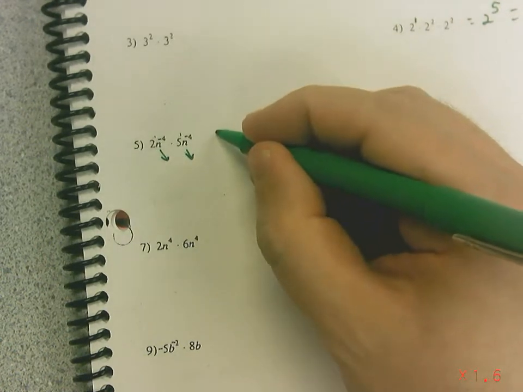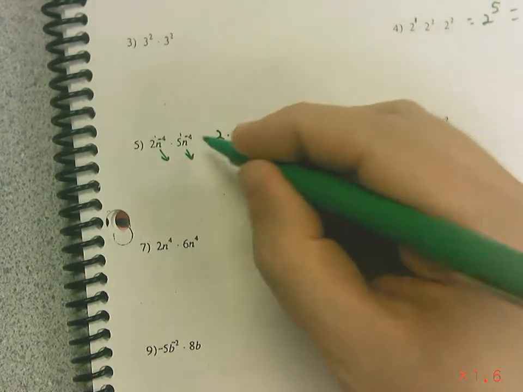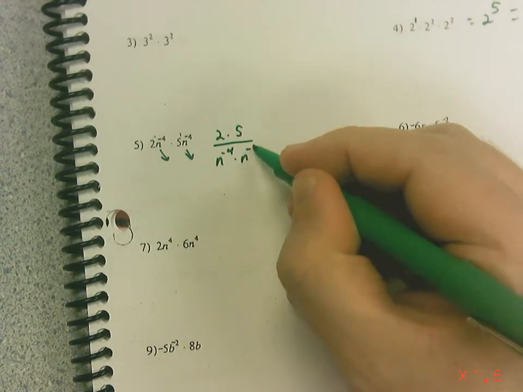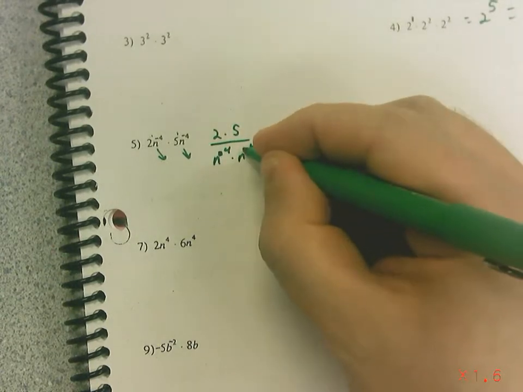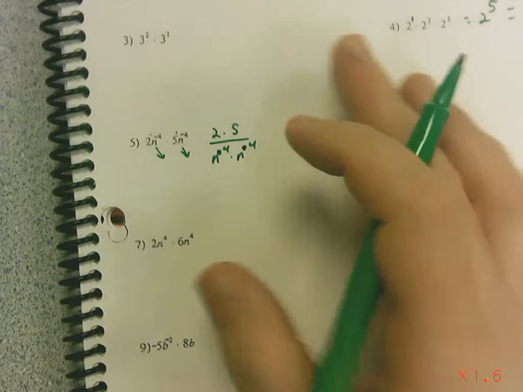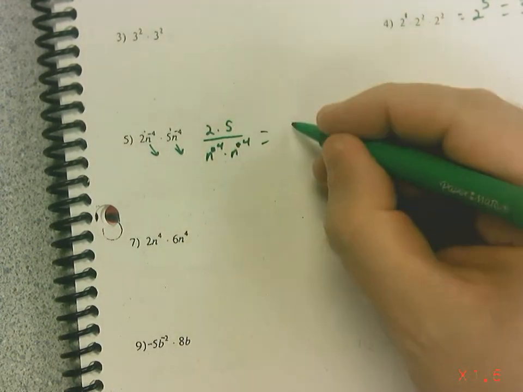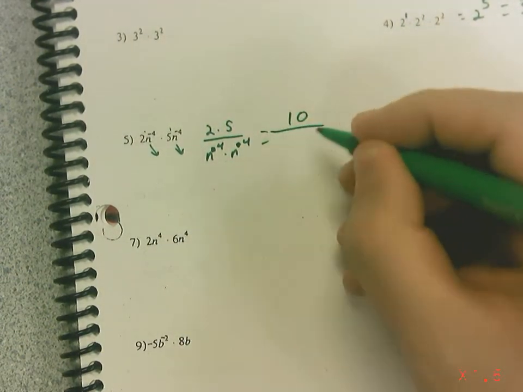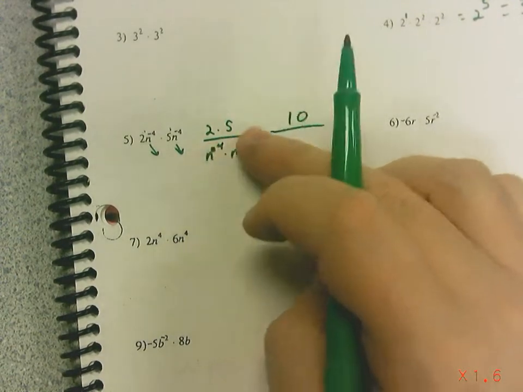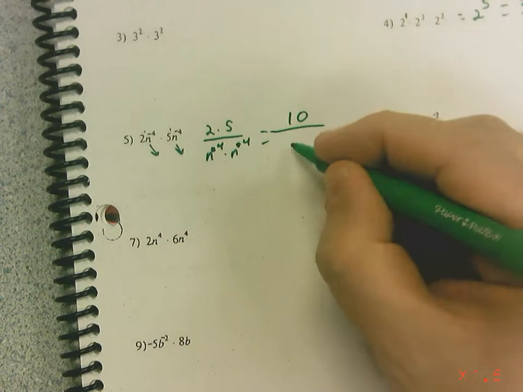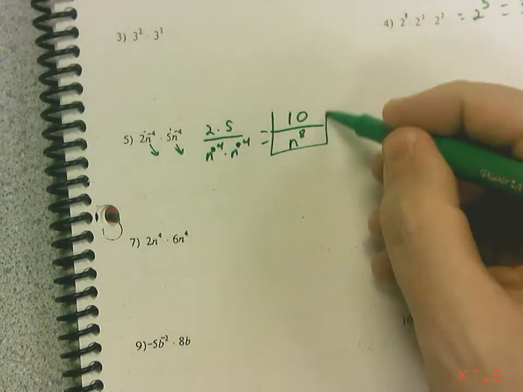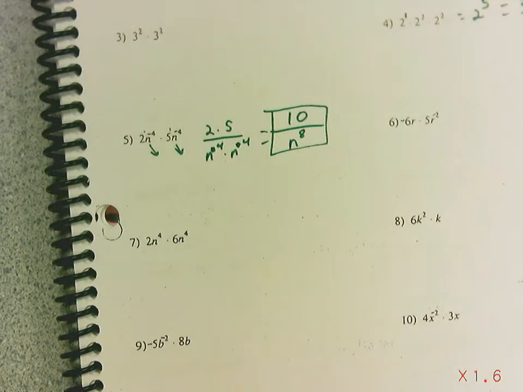I'm left with 2 times 5 upstairs, and then I've got n to the negative 4 times n to the negative 4 downstairs, or positive 4. Positive 4 downstairs. So let's go through these and actually multiply them. 2 times 5 is 10, so we've got 10 on top. And when you multiply numbers with exponents, you just add the exponents, right? So 4 plus 4 is 8, so it'd be n to the 8th power. And that is as simplified as I can get it, so that's my final answer.